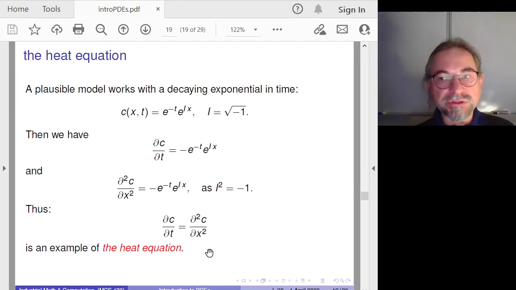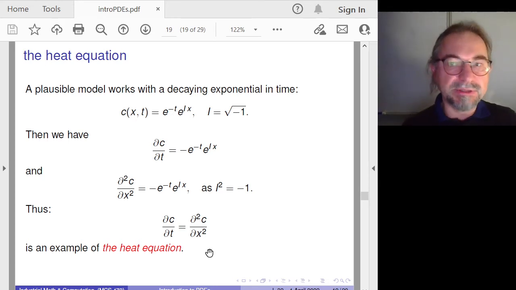So the cosine hill from there is actually not that far-fetched. If you use that as a model for your initial concentration, then working with that plausible model of diffusion is not that bad. And we arrive at the simplest example of the heat equation, or the equation of diffusion.